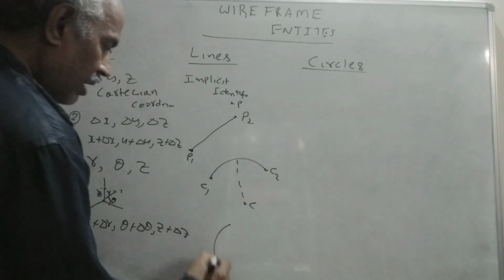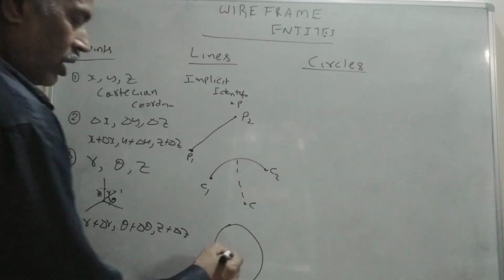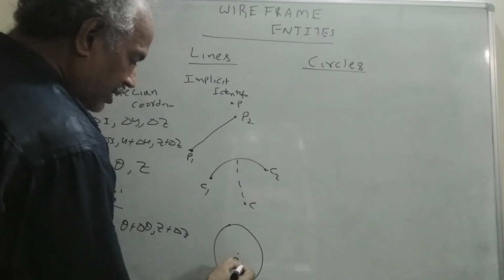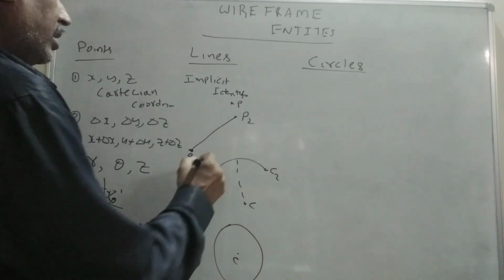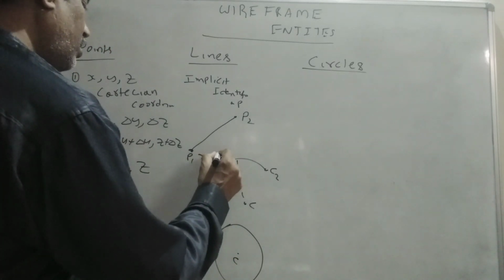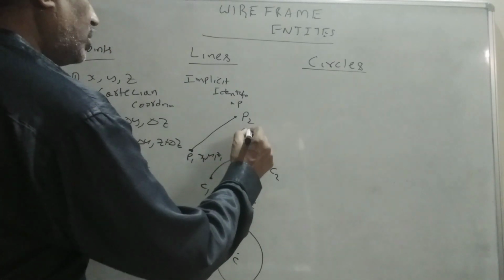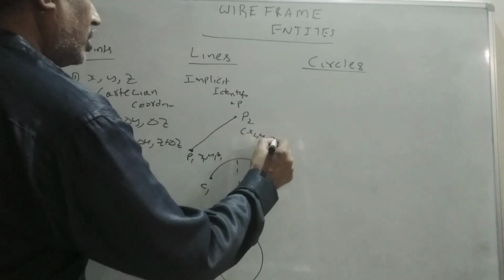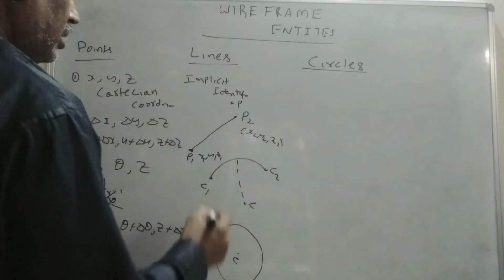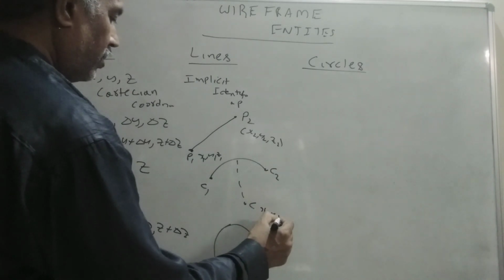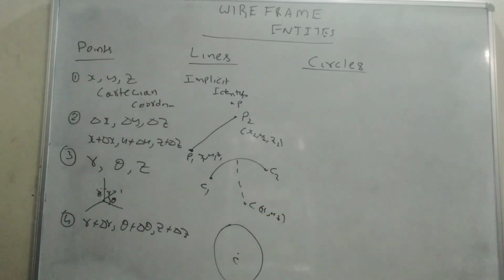If there is a circle already there, you can note down the center point C. So this is x, y, z, x1, y1, z1, x2, y2, z2, like that. This is how explicitly and implicitly you are identifying the point.